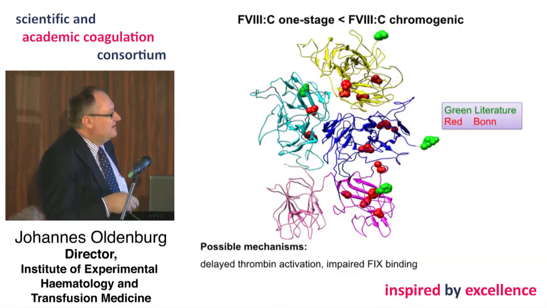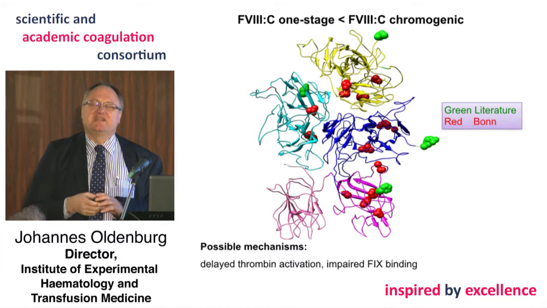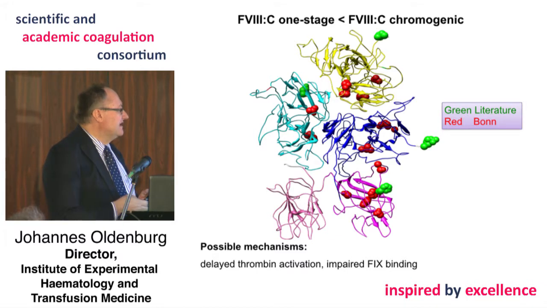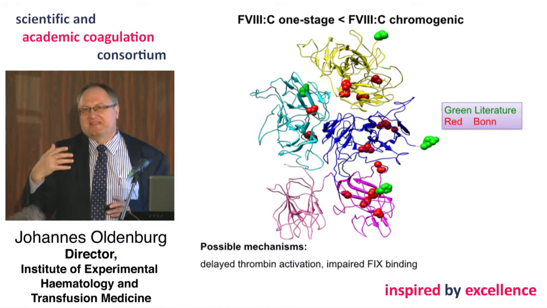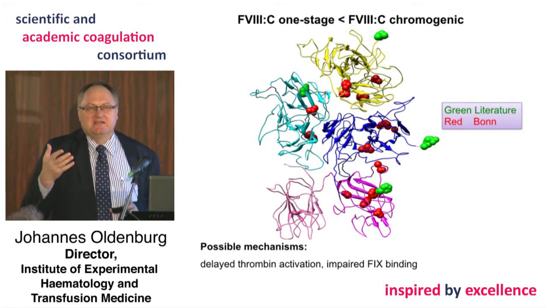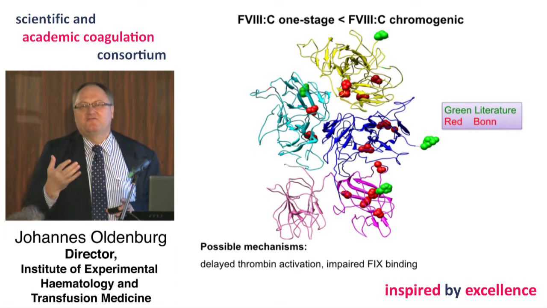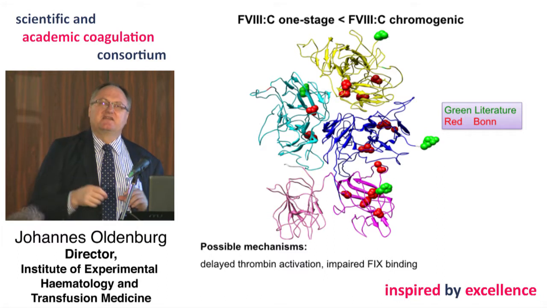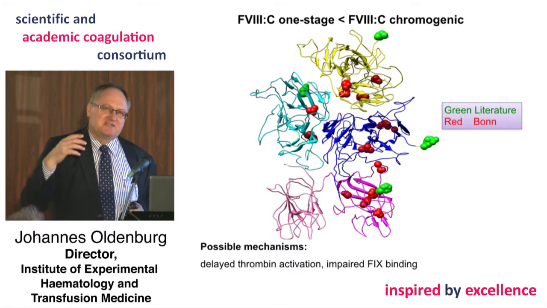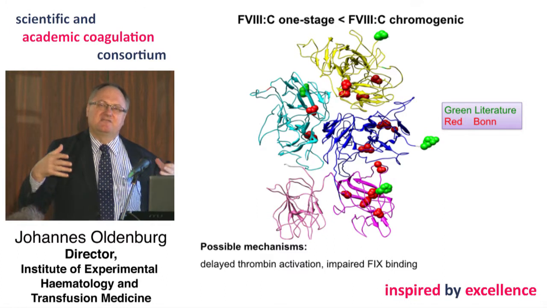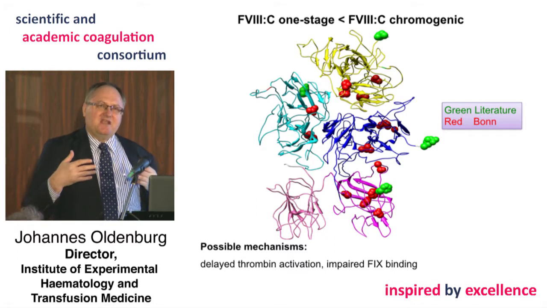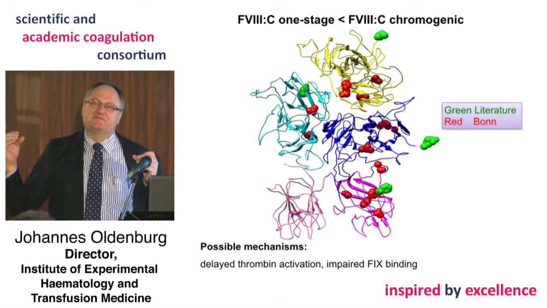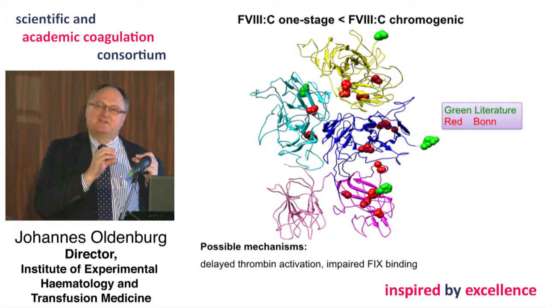There is not a clear pattern of those mutations that can be recognized, but an explanation can be found for the mutations that are at thrombin cleavage sites, because these mutations at the thrombin cleavage sites where factor VIII is activated cause a lower affinity of thrombin towards the factor VIII molecule.